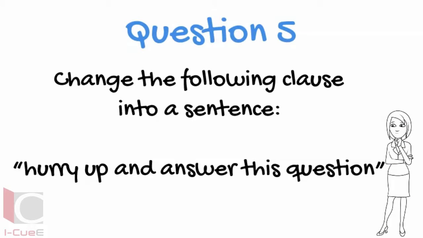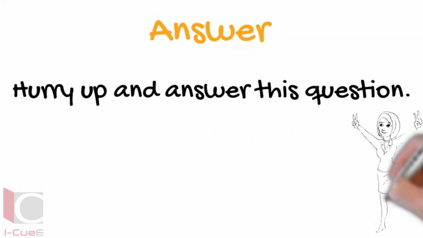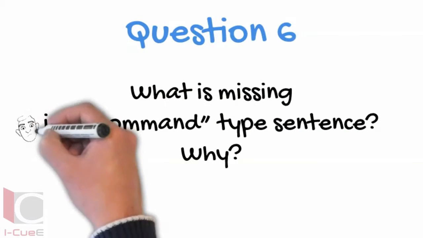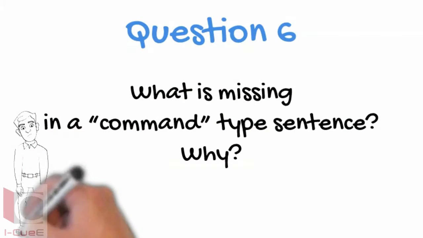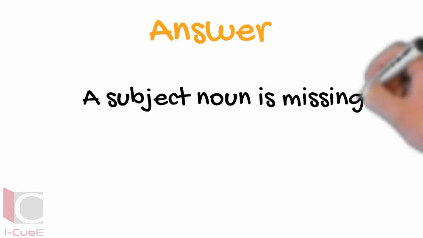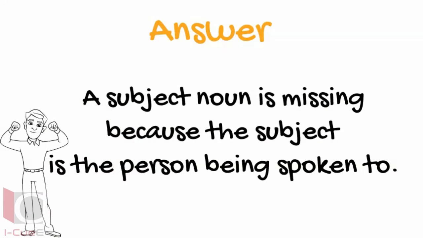Hurry up and answer this question. What is missing in a command-type sentence? Why? A subject noun is missing because the subject is the person being spoken to.